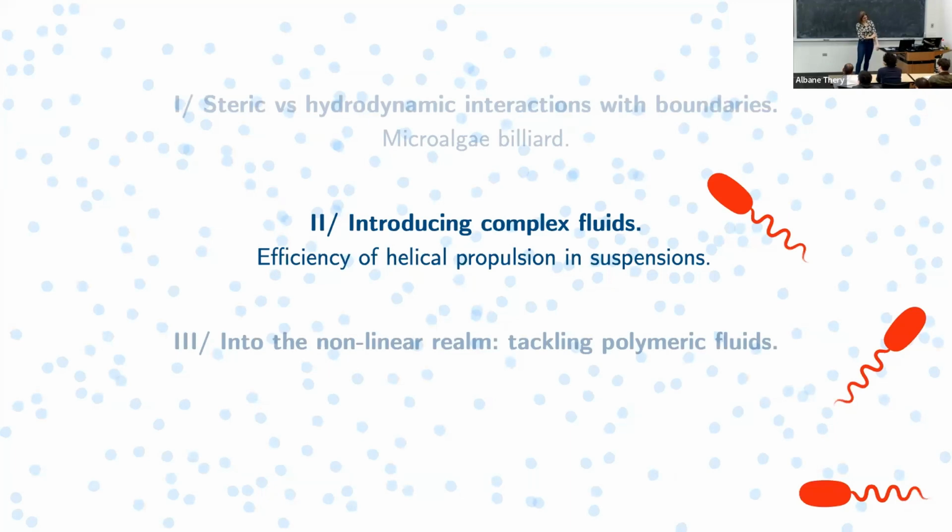Now, the second thing that I want to talk about, and that I mentioned, is complex fluids. Complex fluids are a very big field. A lot of people in engineering are really trying to quantify what is the rheology of a given fluid, and that's a big question.